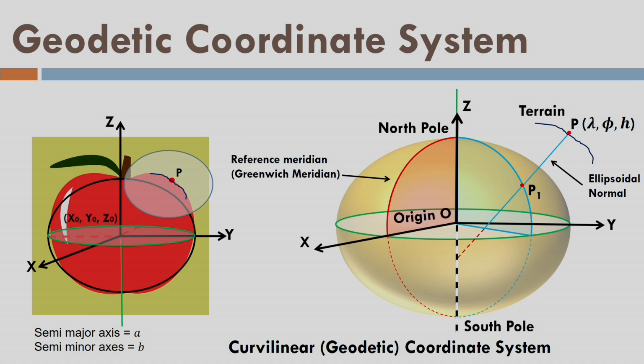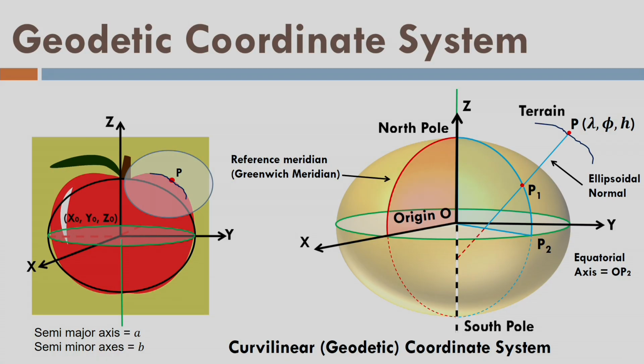This is called the terrestrial meridian, but remember, all these meridians, the reference meridian defined on the surface of the Earth, the observer's meridian or any other meridian, are called terrestrial meridians. The OP2, if you look at it, is called the equatorial axis.